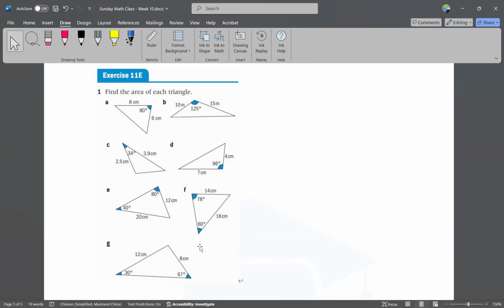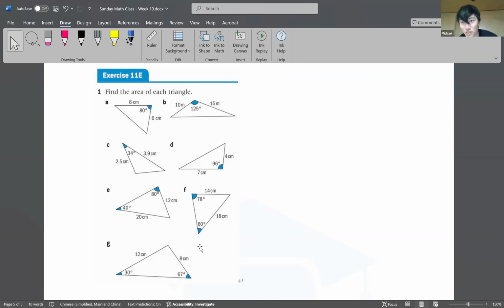Okay, I'm done. Okay, Adriana, what did you get for the area? You can just tell me the formula. I did 8 times 6 sine 80 over 2. Over 2, yes. So that is 24 sine 80, right?